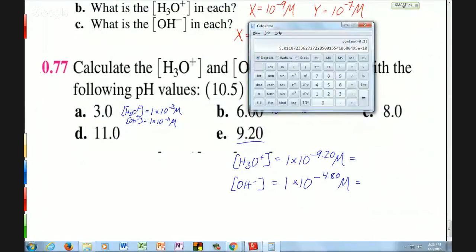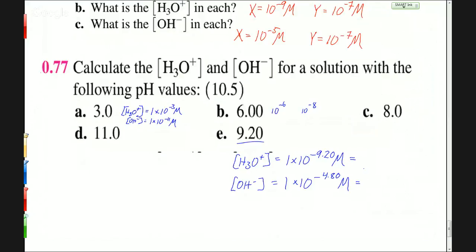There we go. 10 to the minus 9.2 is 6.3 times 10 to the minus 10.